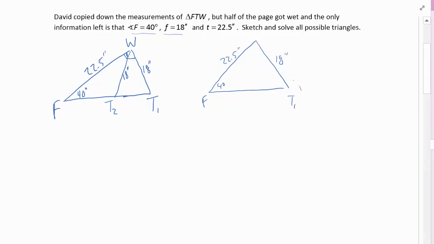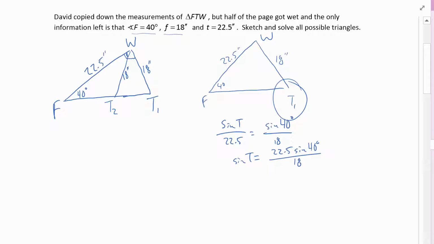First thing we can solve for is angle T1, and so we'll do that with sine law. Sine of angle T over little t equals sine of angle F over little f. And that means the sine of t is going to be 22.5 times sine 40 all over 18.